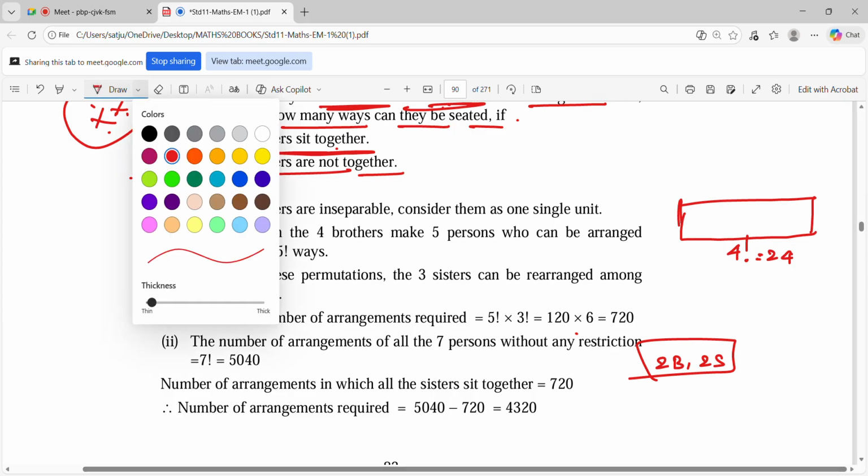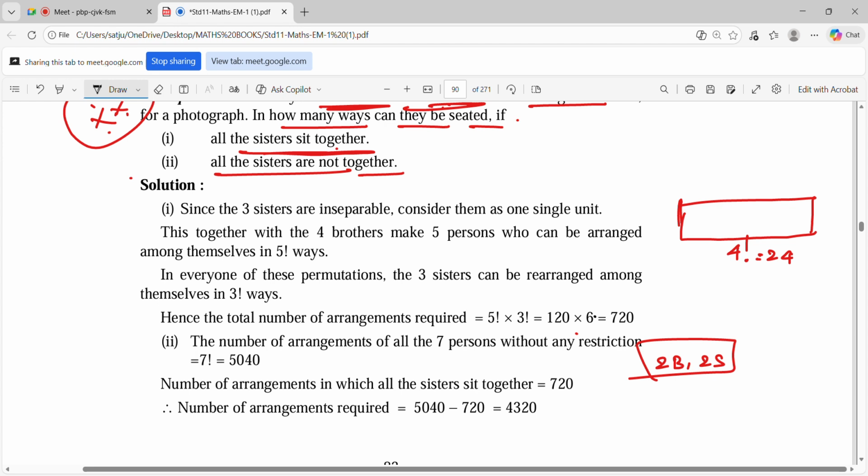Understood. So now seating together. Total 4 people. The 2 sisters must be considered as a single unit, along with the 2 brothers.